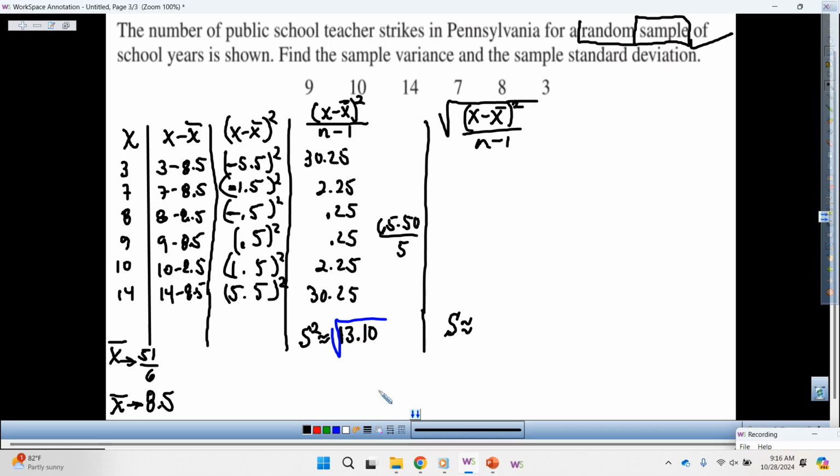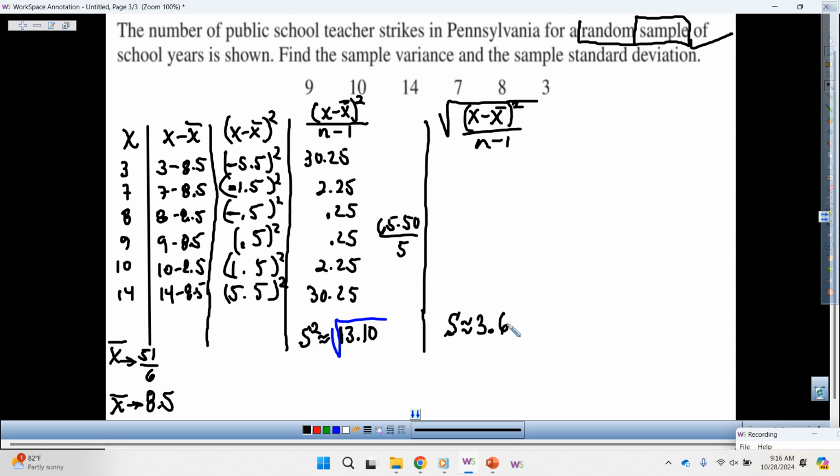What did you get, Anthony E? Square root of 13.10. What is it? 3.61, then round.